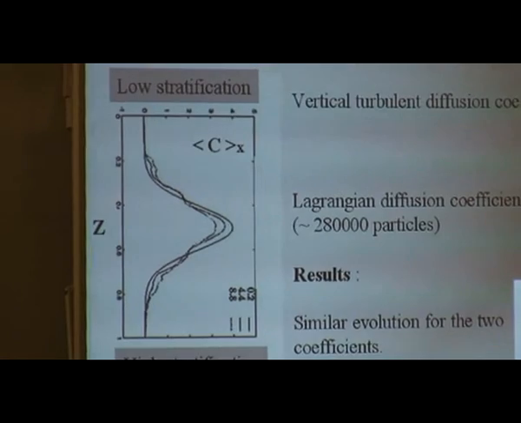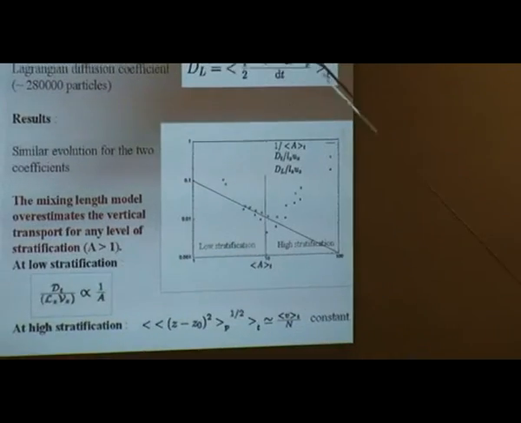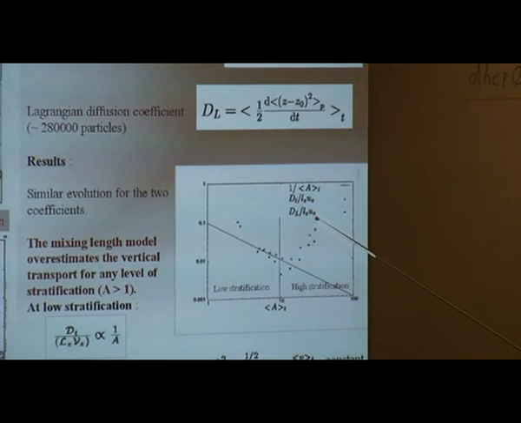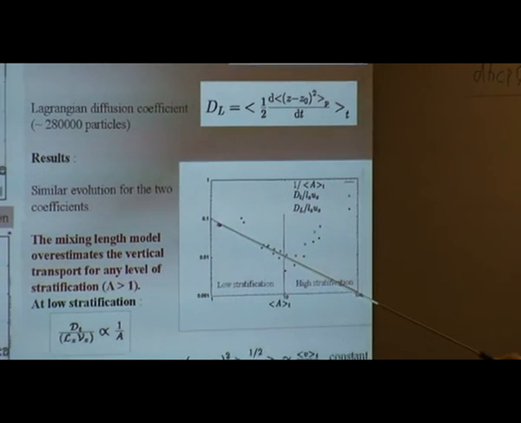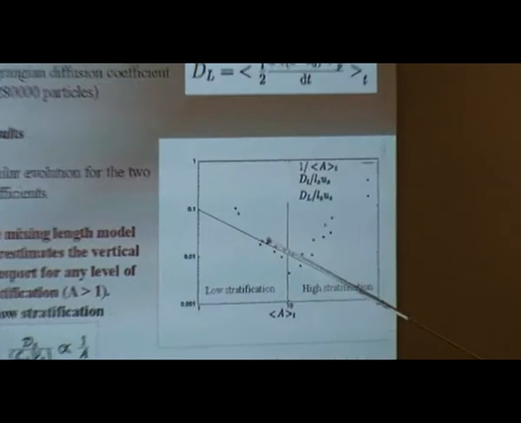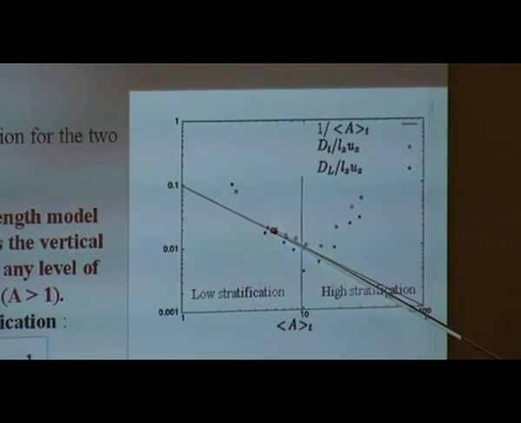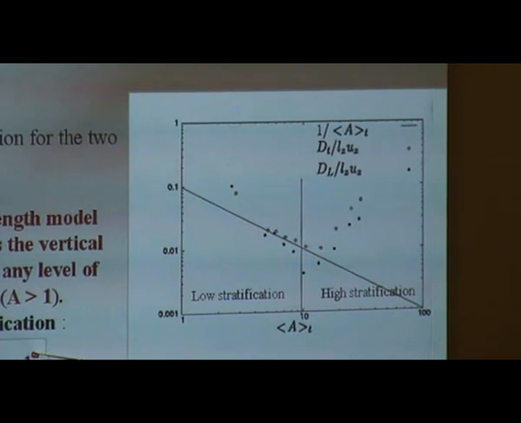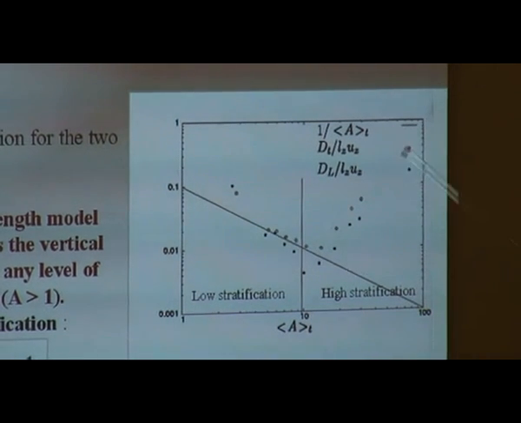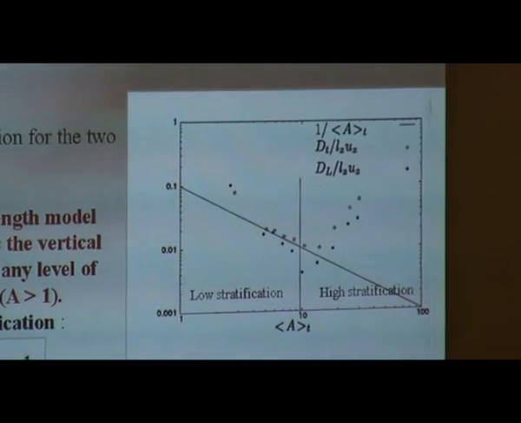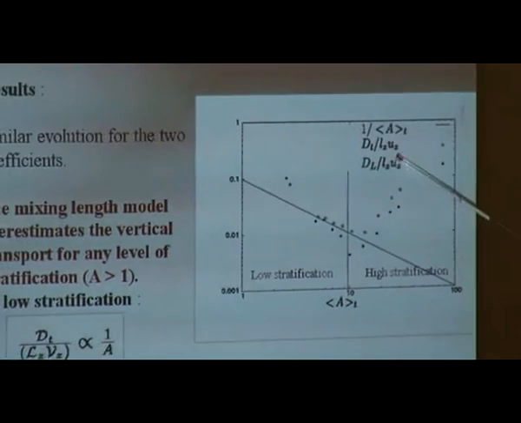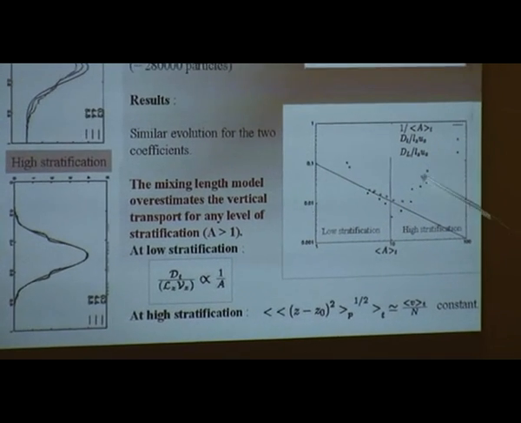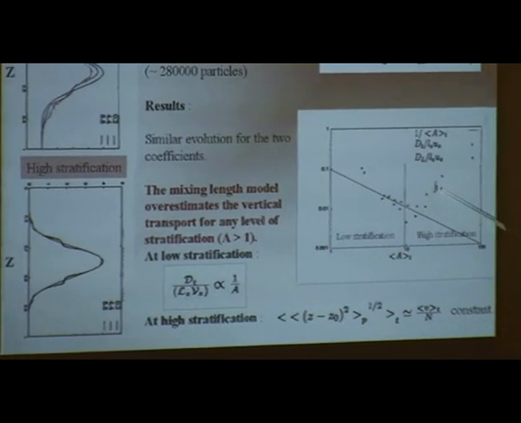When we plot these two coefficients, divided in the same way by the product LZ times SZ, we see that at low stratification, for A above 3, we seem to be quite close to what was predicted by the law of Nordita. But above 10, we have a sharp increase, and this is linked to the fact that the product LZ decreased, but in fact the two coefficients stay on average quite constant.